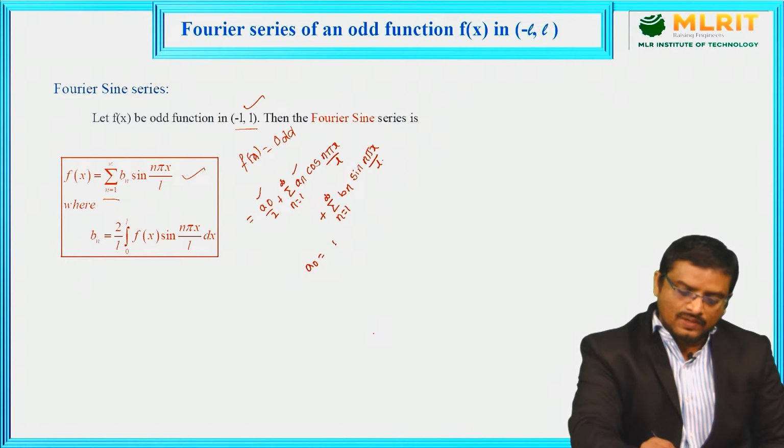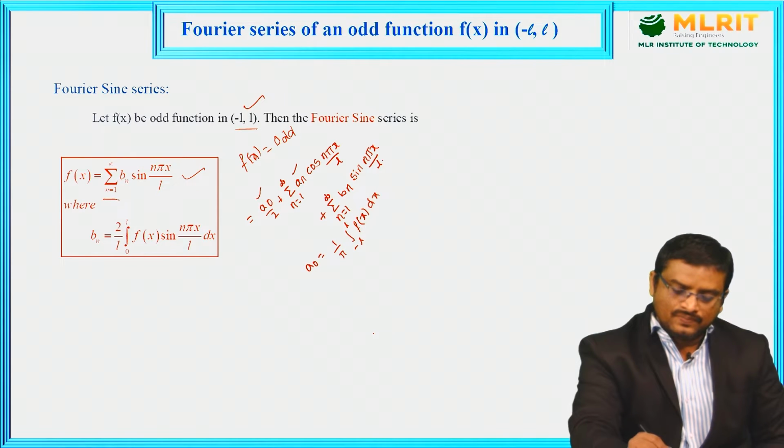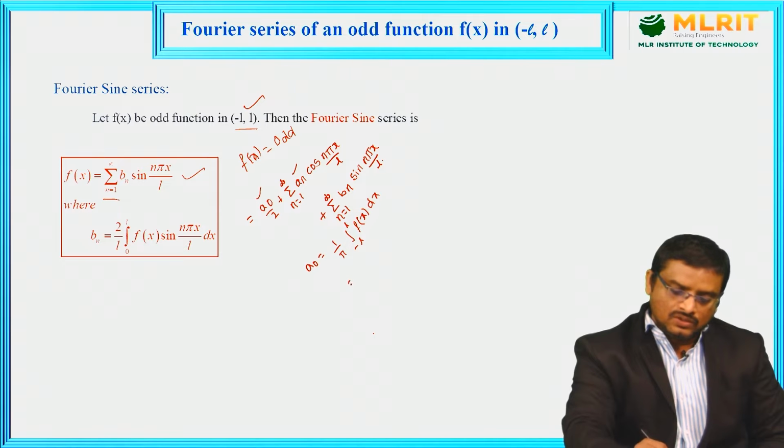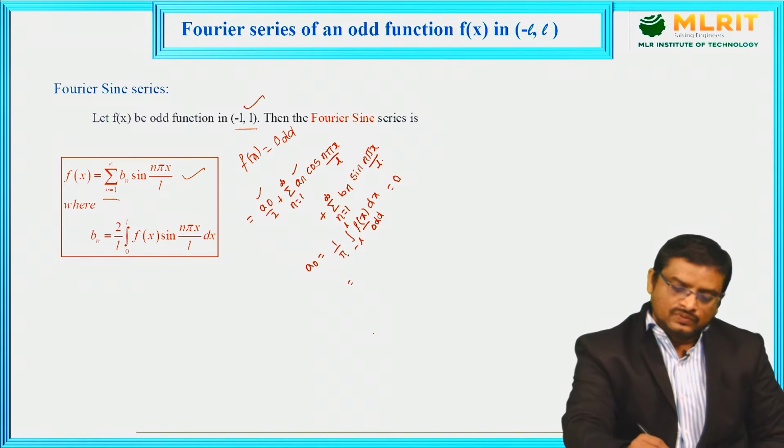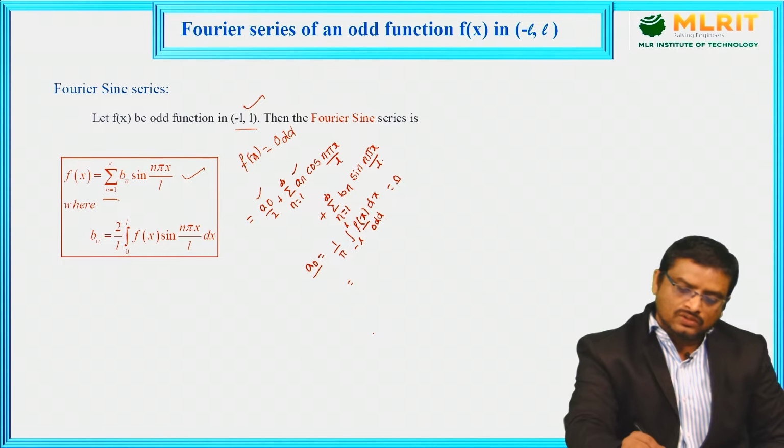The formula for a naught is 1 by pi integral minus L to L f of x dx. Since f of x is an odd function, whenever we have an odd function between the limits minus L to L, the integral value is 0. So we get a naught is equal to 0.